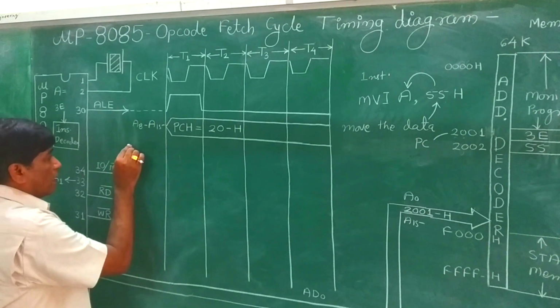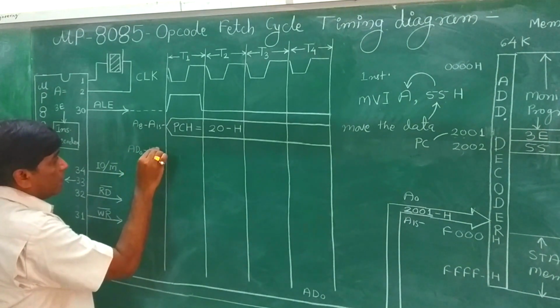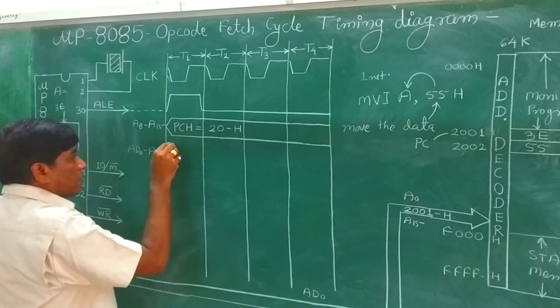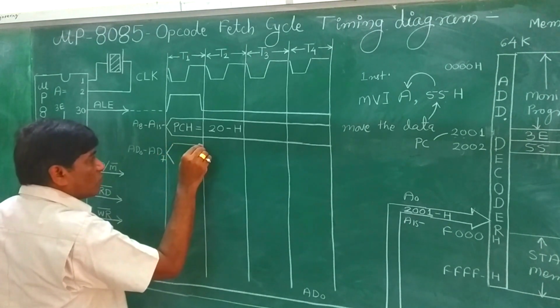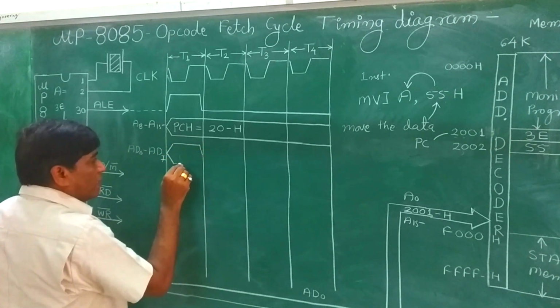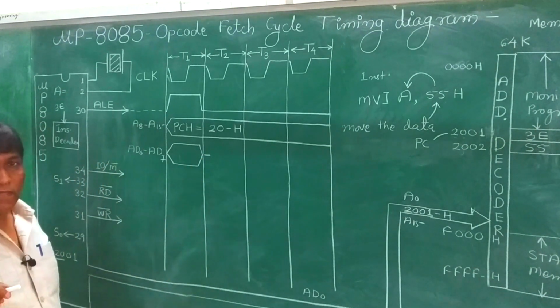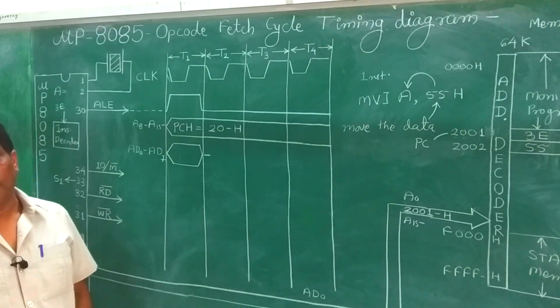These common buses are AD0 to AD7, and they are designed in such a manner that they carry the address at some time, that means at T1 time, and later on they carry the data.